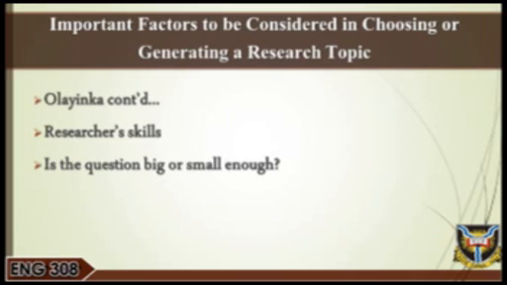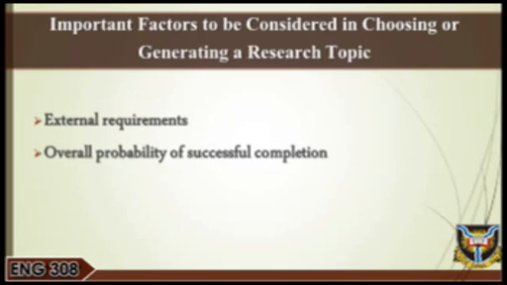E. Researcher skills. F. Is this question big or small enough? G. External requirements. H. Overall probability of successful completion. I. Interest to researcher. Directly or indirectly, the foregoing has implications for generating a research topic.